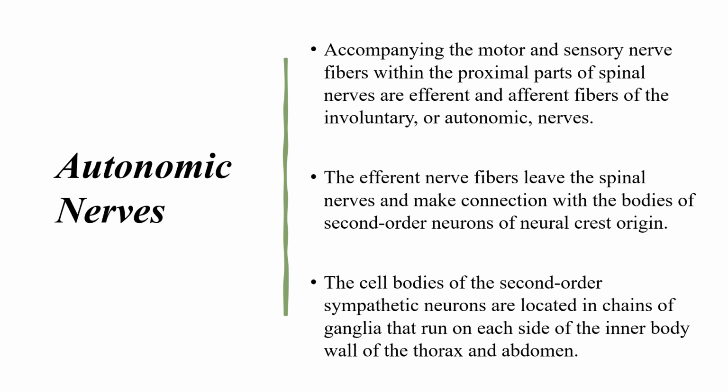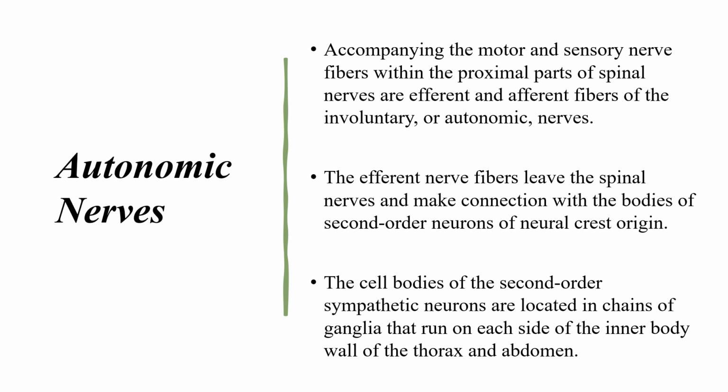So, next for the autonomic nerves. When you say autonomic, ito yung sinasabi ko kanina, yung fight or flight responses. Okay? So, accompanying the motor and sensory nerve fibers within the proximal parts of the spinal nerves are efferent and afferent fibers of the involuntary or the autonomic nerves.